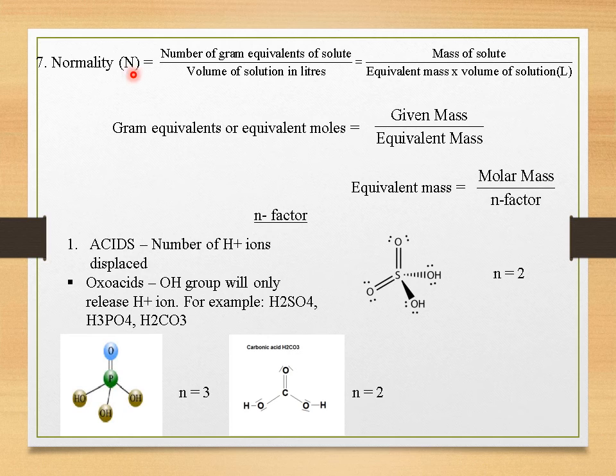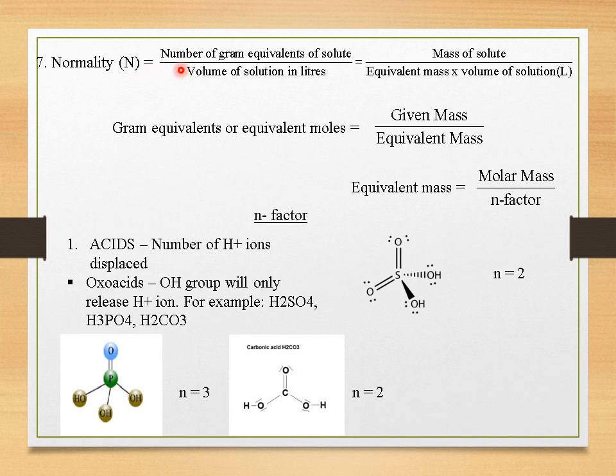Normality is represented by the symbol capital N, and it is just similar to molarity that we had done in the last class, but there is just one borderline difference. And what is that borderline difference?